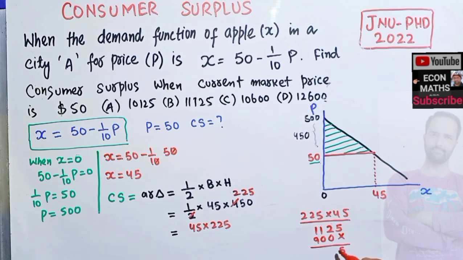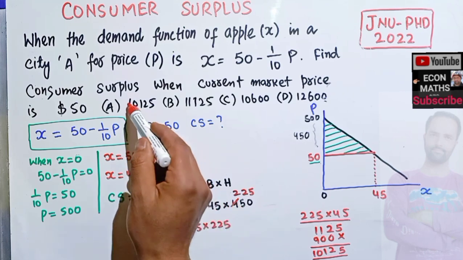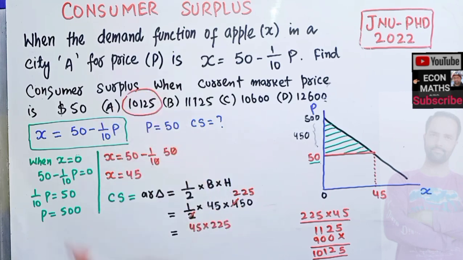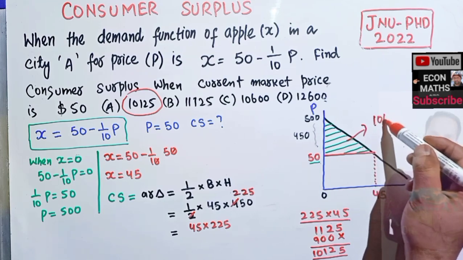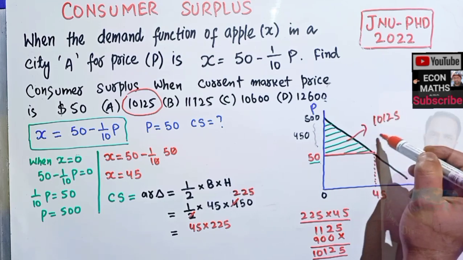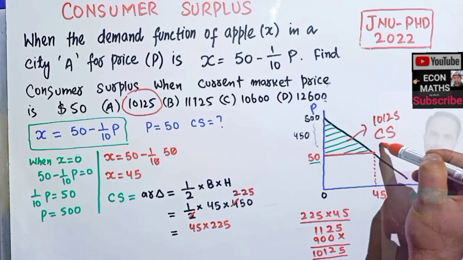So we get 10125. That means the area of this triangle came out to be 10125, and which is our consumer surplus.